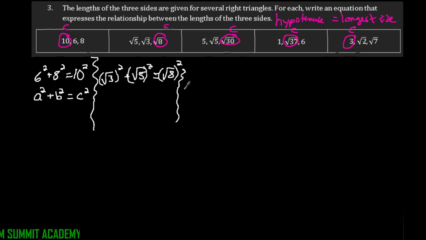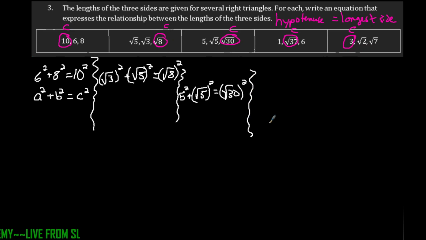Same idea with the next one. We could say this is going to be 5 squared plus square root of 5 squared equals the square root of 30 squared. We're just setting these up so we know what these equations should look like. For the fourth one, we have 1 squared plus 6 squared, which is equal to the square root of 30 squared.